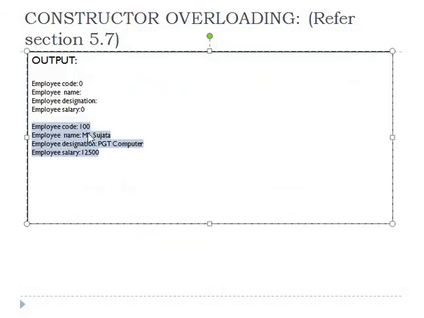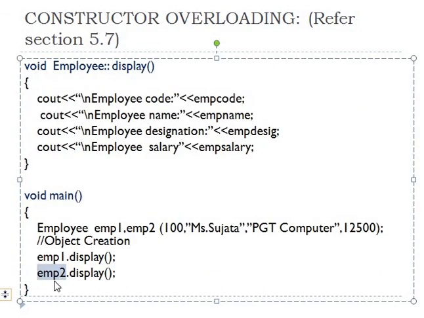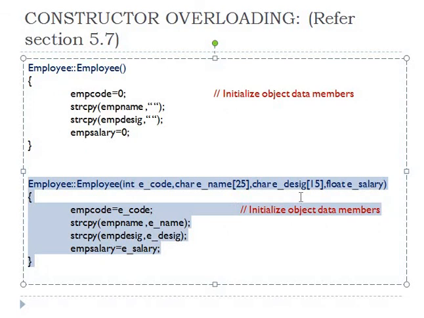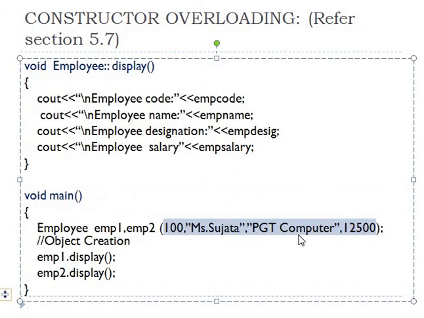And this portion of the output is through this particular object, which is emp2, for which the parameterized constructor has been called and the data members are being initialized with the values assigned from the parameters. And the values assigned into these parameters are from these initial values at the time of the creation of the object emp2.